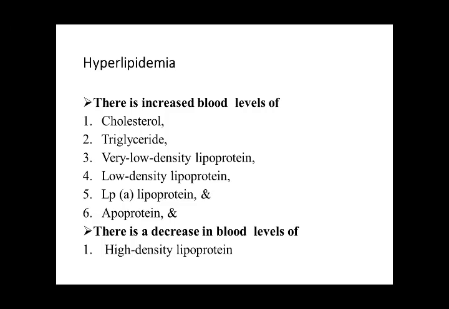If they are excessive in the blood, they do coagulate, or they cause narrowing of the blood vessels, eventually ischemia of the heart, which is very significant. There is a decreased blood level of high density lipoproteins, but all the others have raised levels.